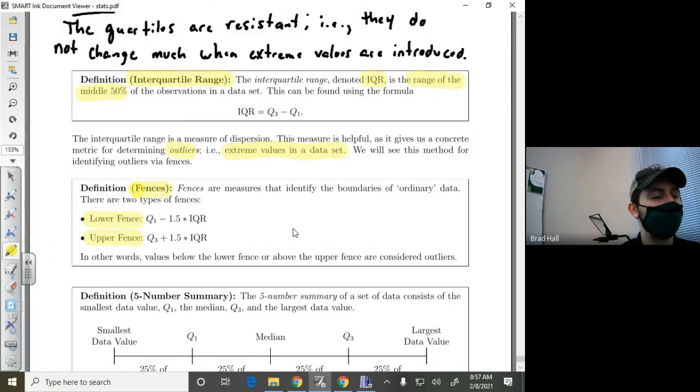The lower fence will be a number, the upper fence will be a number, and together those two numbers provide the boundaries for which the ordinary data falls into. If a value does not fall in between those two numbers, it is considered an outlier by this definition.